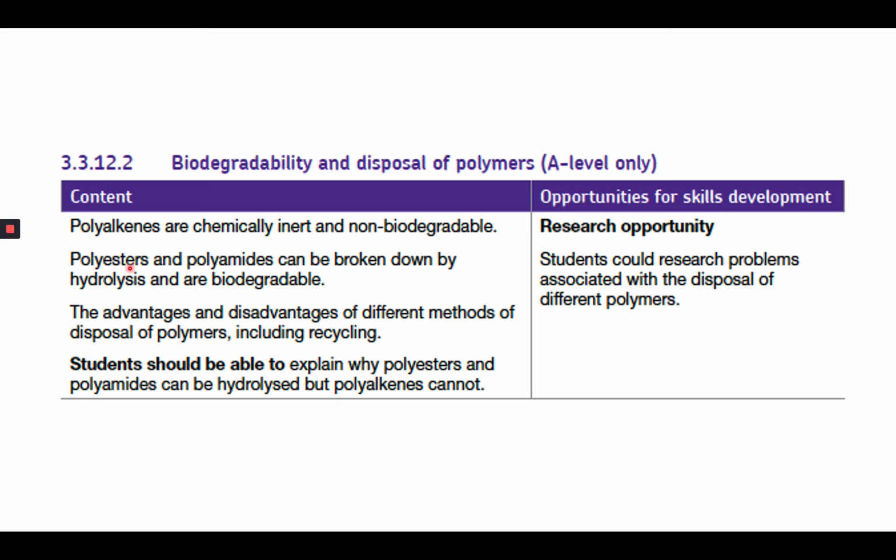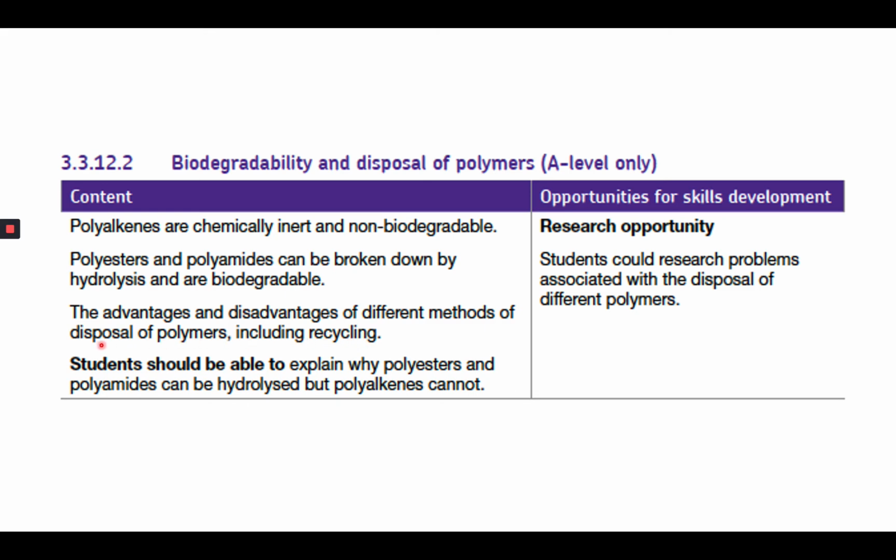And then we've got the polyesters and polyamides, which we've just looked at. The addition polymers are non-biodegradable, and the polyesters and polyamides are biodegradable. And the process by which they're biodegradable is hydrolysis. And then the advantages and disadvantages of different methods of disposal of polymers, including recycling.